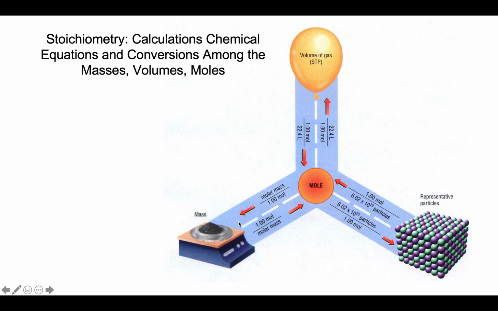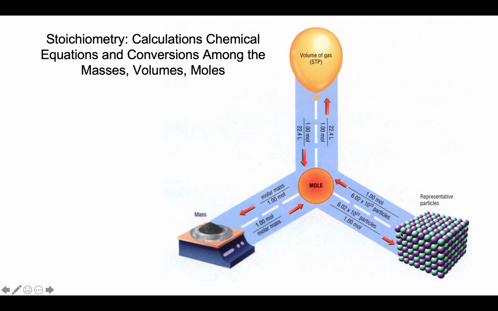If we're going to use that to calculate something else, mass of, say, iron, and we want to figure out what, if iron reacts with something, how much of that other reactant is going to produce what product, we need to go through a mole basis. So molar mass is that conversion factor. You can see here, we could flip it, put a mole on the top or a mole on the bottom, depending on how we're going to work through the dimensional analysis.